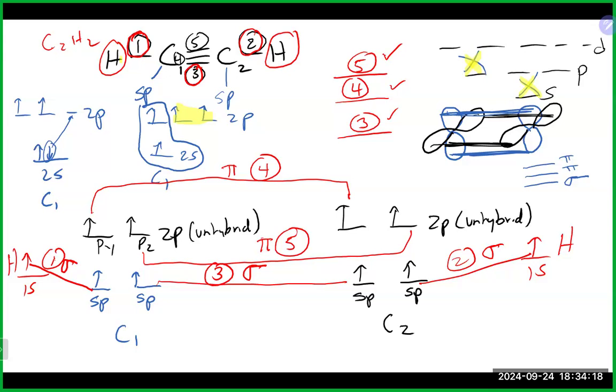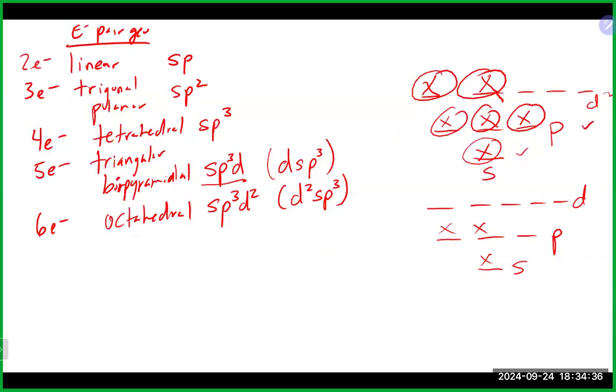So basically, a single bond is a sigma bond. A double bond is a sigma bond and a pi bond together. And a triple bond is a sigma bond and two pi bonds. Question on that? Yes. All right.